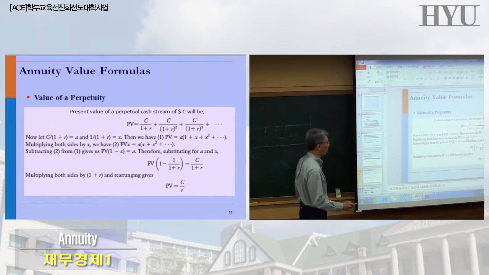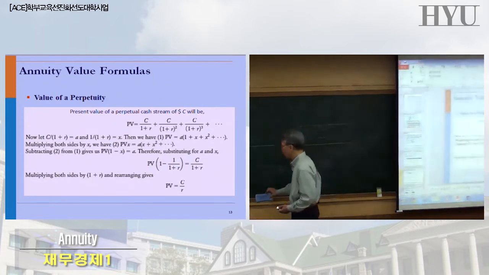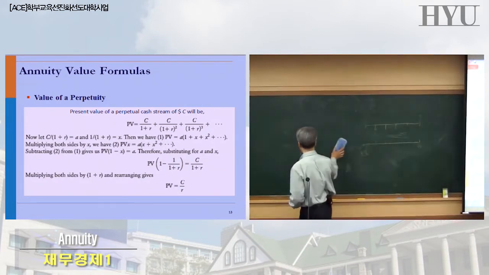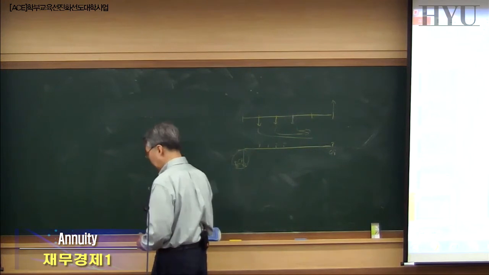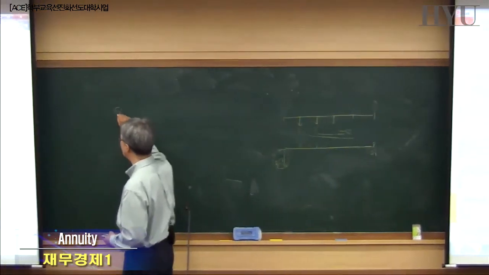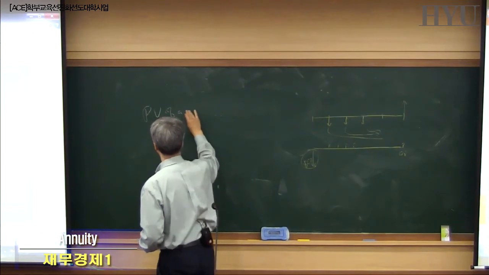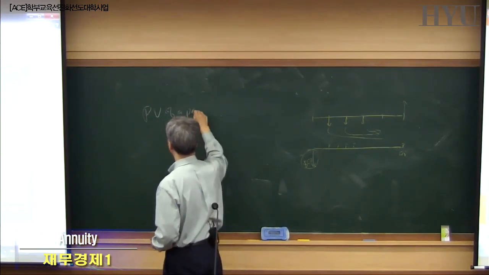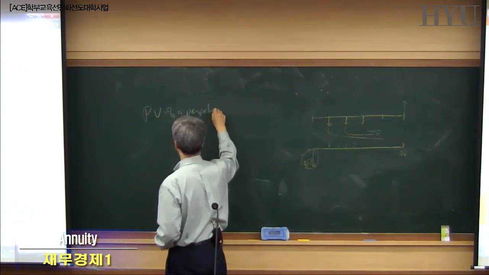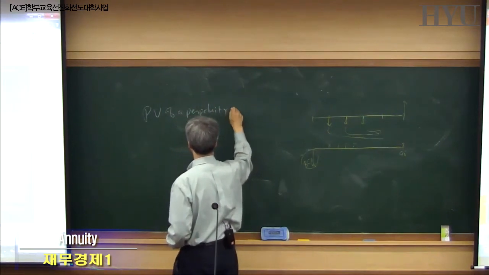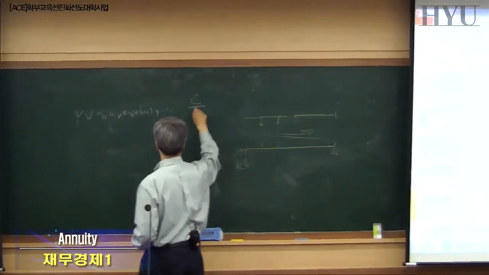And this is the equation you're going to see in chapter 6. In chapter 6, you're going to find out that the present value of a consol or a perpetuity is simply C divided by R.